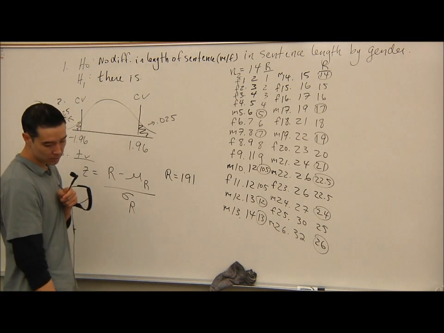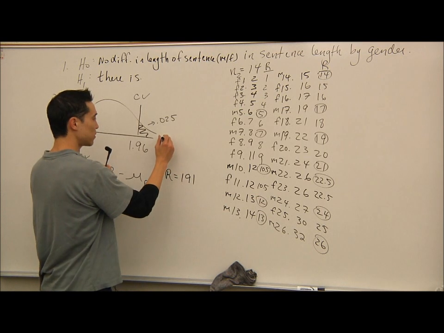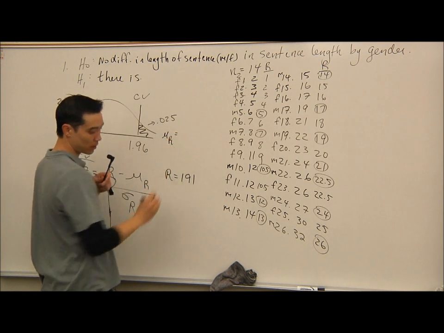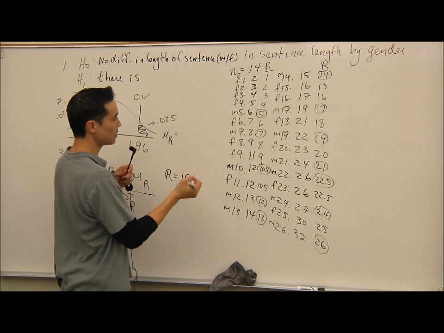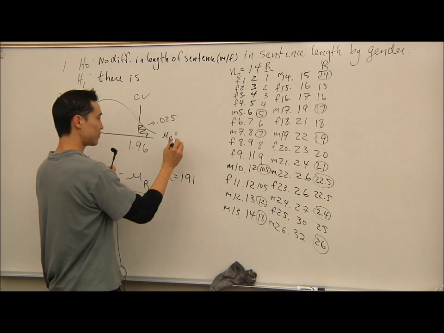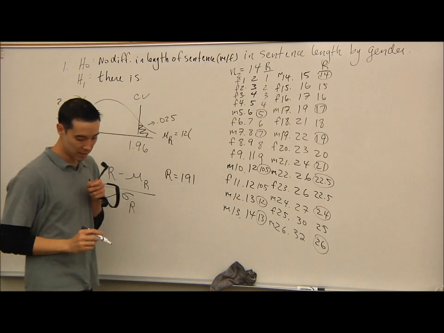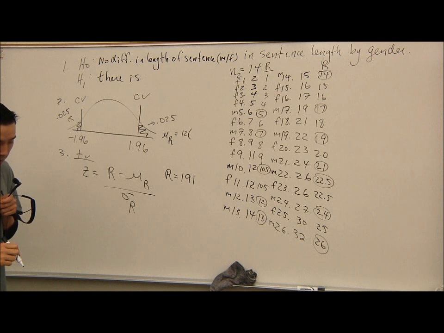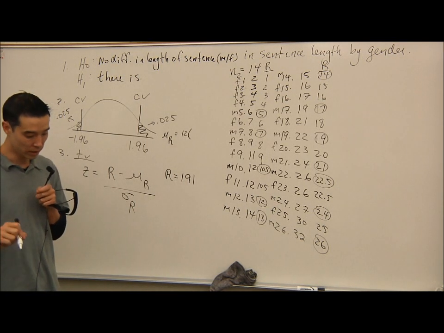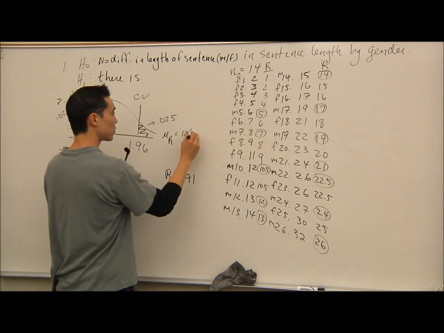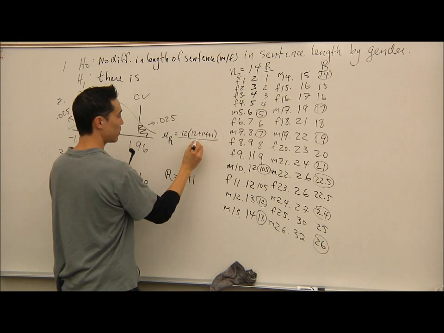Okay, mu sub R, let's move to that one. That's just a formula. So I'm just going to squeeze it in right here. Look at your formula. It's N1, which in this case, I erased. What was N1? How many males are there? 12. Parentheses, then N1, 12 plus N2, 14 plus 1. So 12 plus 14 plus 1, and all of that was divided by 2.